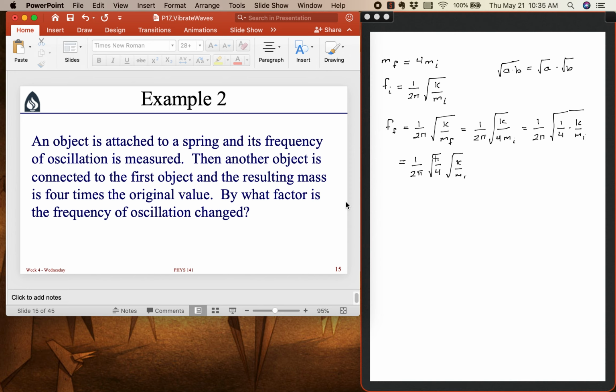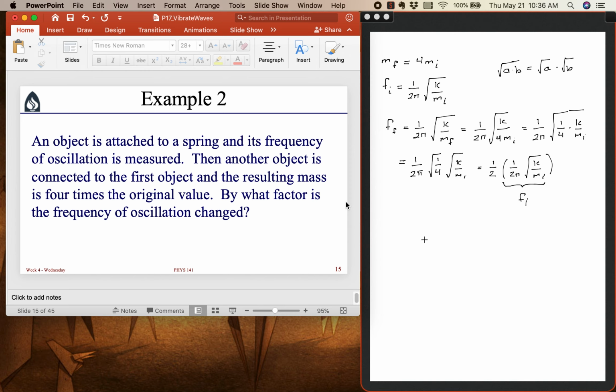So if we take the square root of a quarter, that's going to be the same thing as taking the square root of 1 divided by the square root of 4. So that's going to give us 1/2 times 1 over 2 pi times the square root of k over m initial. And the stuff in the parentheses here, well, that's just the same thing as the initial frequency.